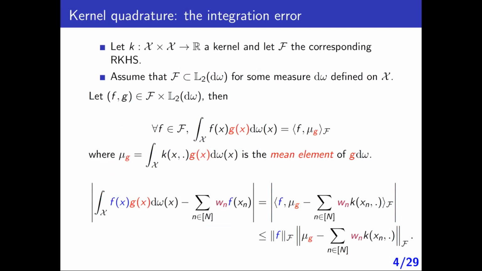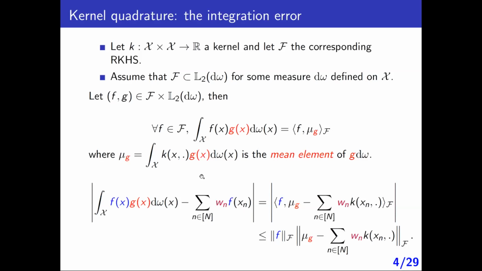We assume that we have an RKHS corresponding to some kernel K, and we assume that it is embedded in some L2 space for some measure d omega. And the slight modification we have is that we tolerate some degree of freedom that is expressed by this function g. So g is not necessarily uniform in our case. It's a very slight difference, and I will show you why later.